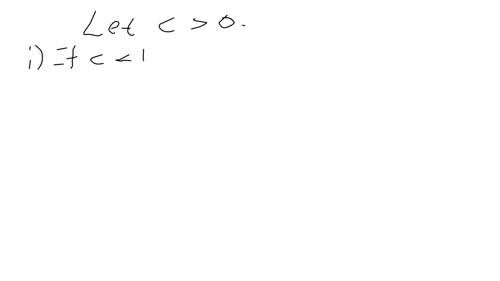So if C is less than 1, then the limit as n tends to infinity of C to the n, use your brain again. What do you think this is equal to? Remember, it's a sequence, so you're checking what this number is going towards. 0. Because the denominator is always going to be bigger.